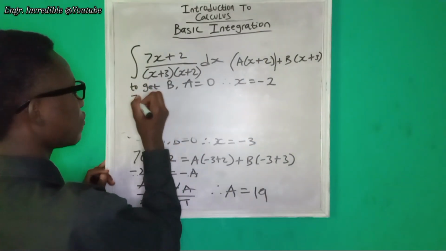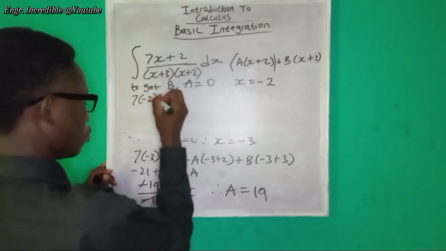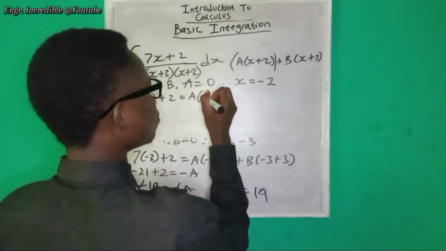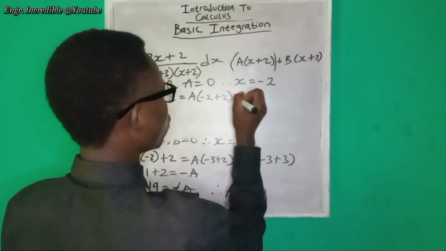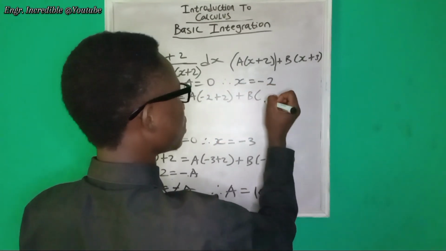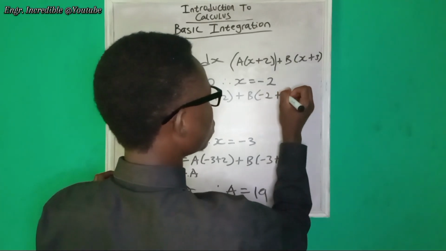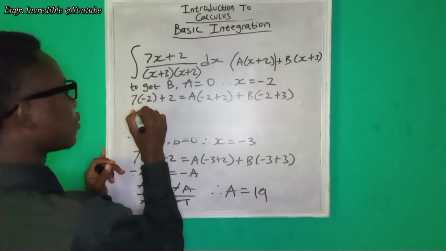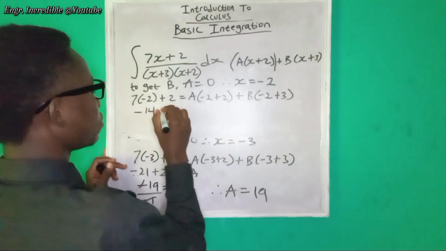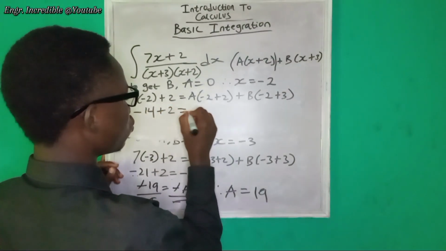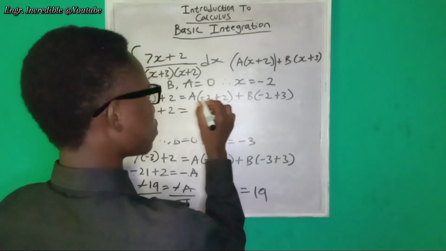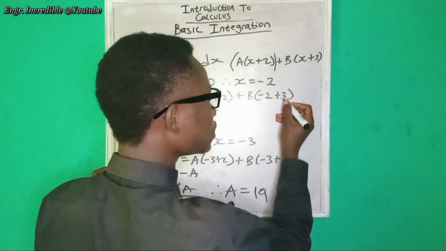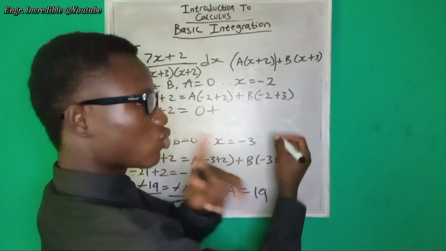We have 7 times -2 plus 2 is equal to A(-2 + 2) plus B(-2 + 3). Doing 7 times -2, we have -14, then plus 2, is equal to 0 times A, that is 0, plus B times (-2 + 3). That is 1, same thing as 3 minus 2.